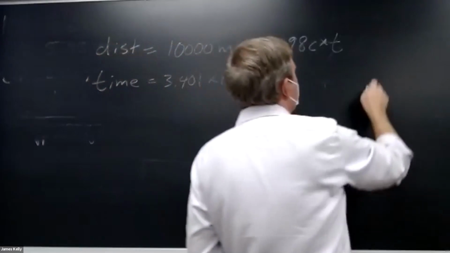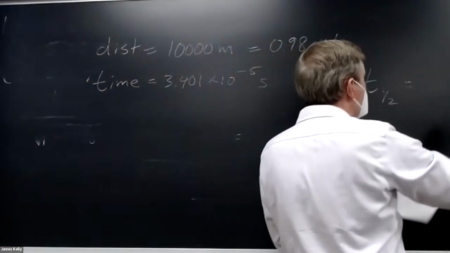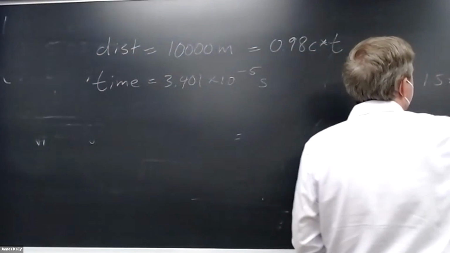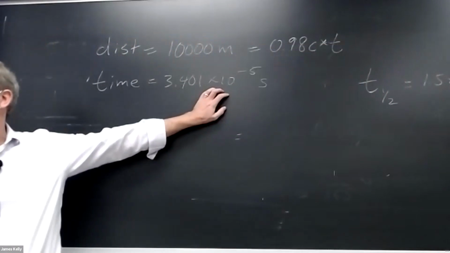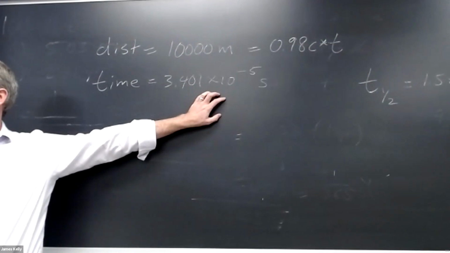In this case, the half-life, sometimes people label that, of these particles is 1.5 times 10 to the minus 6 seconds. That's quite a bit shorter than this. So there's a number of half-lives that elapse during this time that they're going in there, right?